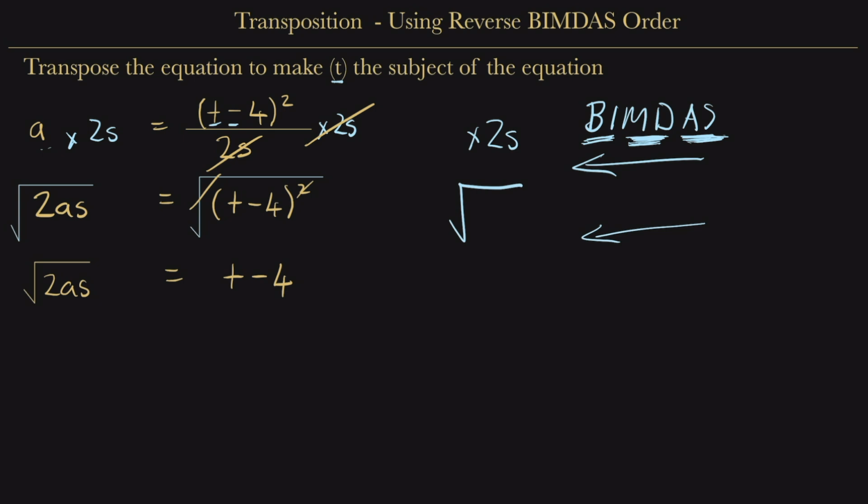Then we go back to work out our next step, and this time we do have addition and subtraction that we can work with because we have this minus 4 here. So since we want to get t by itself, I'm going to add 4 to both sides. So I'll go add 4, add 4.